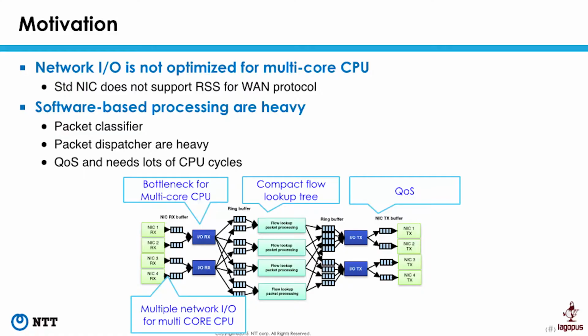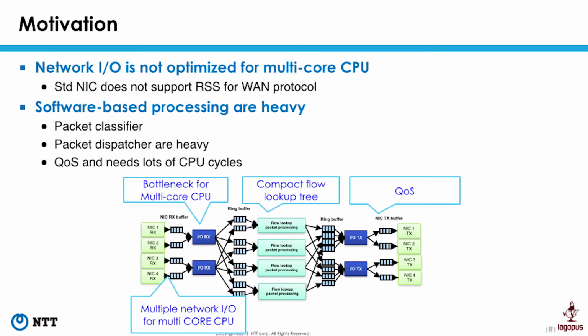But we think network I/O is not optimized for multi-core CPUs. For example, current existing NICs provide RSS, receive side scaling, for data center protocols such as VLAN and IPv6.